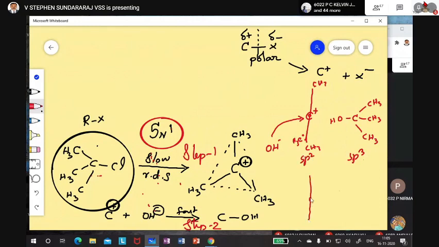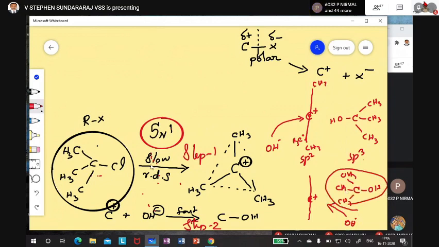And another one is what? Here this carbocation, if it is attacked from this side by OH minus, then what happens? COH will be here, and this is CH3, this is CH3, and this is CH3. See, now this is looking the same as this one, the same as the reactant, and this is the product.